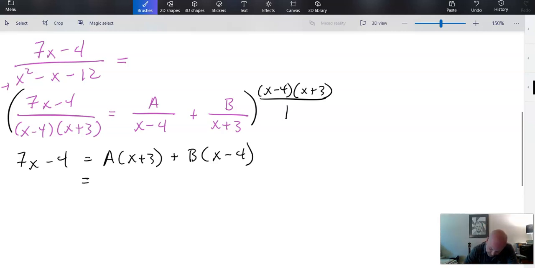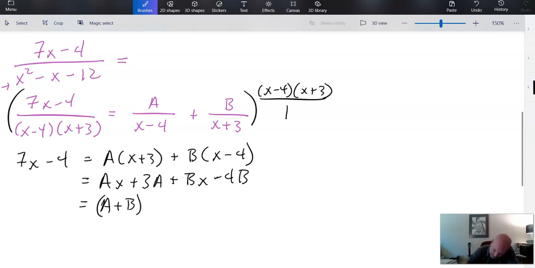So this is going to be ax plus 3a, just distributing that, and then distributing the b gives me bx minus 4b. And if I recollect these things, I have a plus b times x plus 3a minus 4b for my constant.